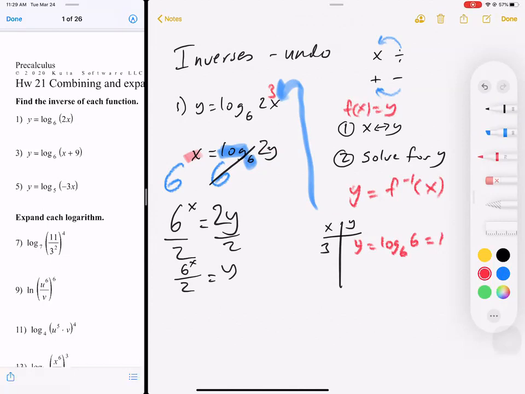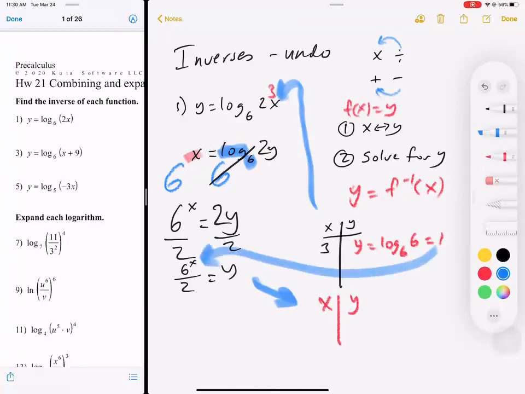Now, if we go into our inverse version here, we have to flip them. Y becomes x's, right? So we swap them out. This is our y inverse problem. So if I plug in 1 here, we end up with 6 to the 1 power over 2 is 3.